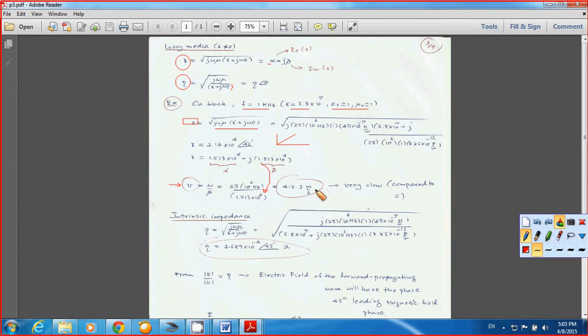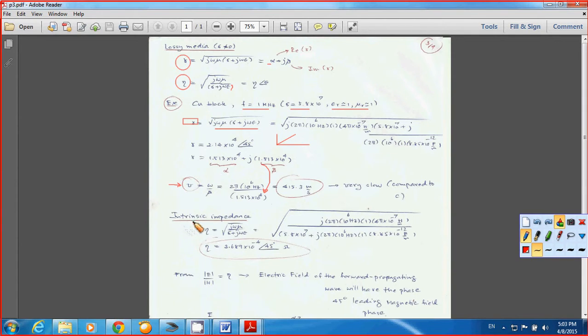You notice this number is very low compared to the speed of light, because when the wave gets into a conductor, and copper is a very good conductor, the speed of the wave slows down a lot.